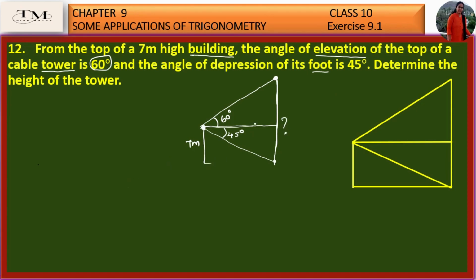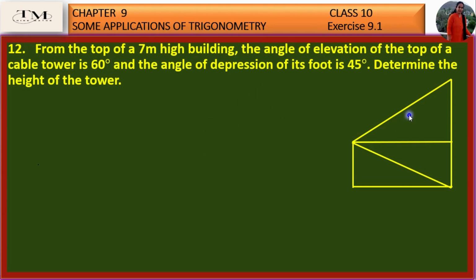So just draw a line parallel to this. Okay. So now we will get this shape. So we will mark everything in this. So let us take this AB is the tower and CD is the building.